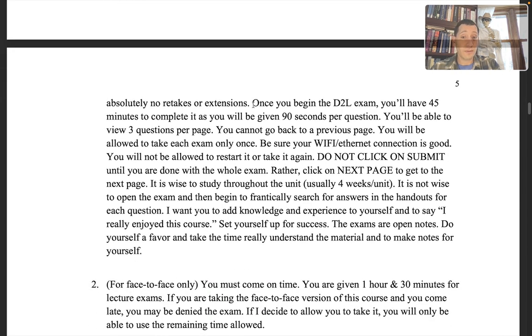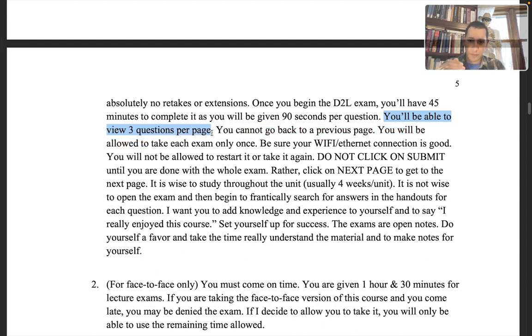Once you begin your D2L exam, or your Brightspace exam, you have 45 minutes to complete it, because each question you're given 90 seconds. You do have 3 questions per page.